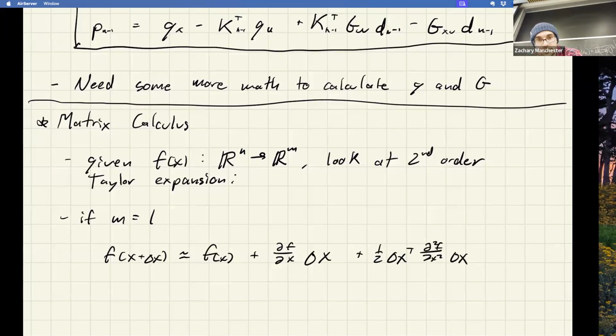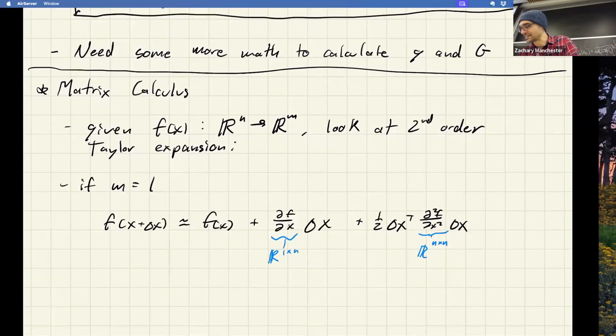This guy is a row vector gradient, so it's 1 by n, and this is our Hessian matrix, n by n. We all know how to do that. That's how we get our second order Taylor expansion of our cost function.